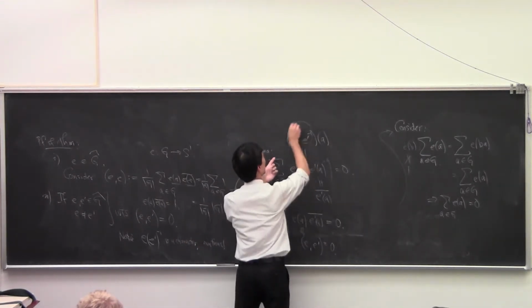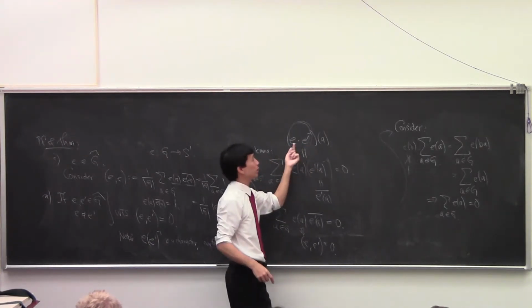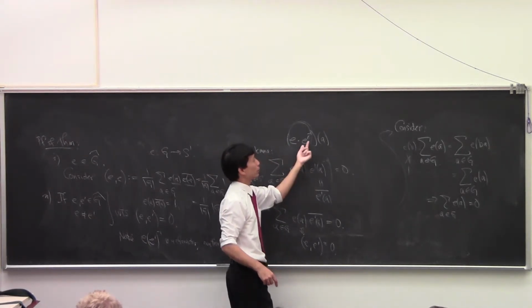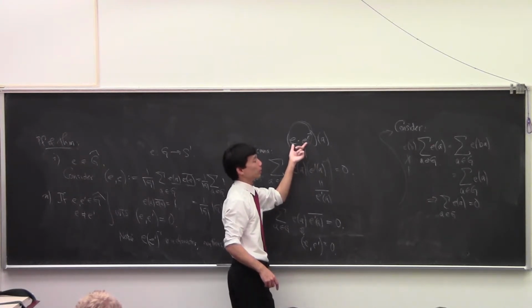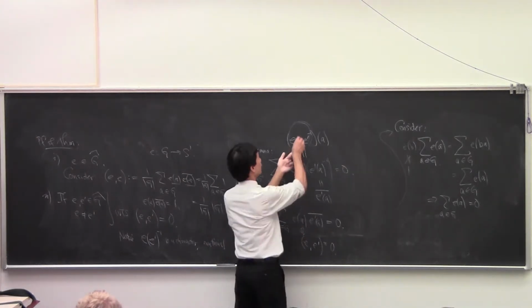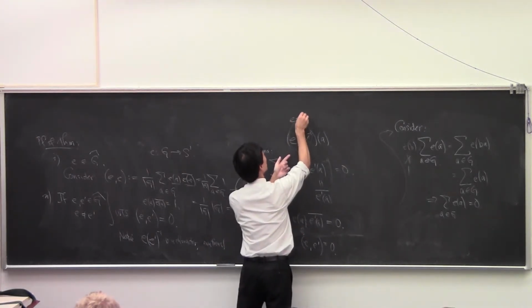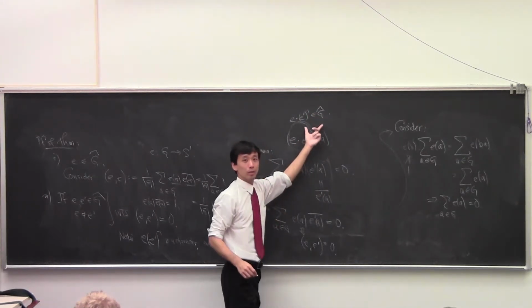Now, we realize this is just a product of two characters, the character E and the character which is inverse to E prime. The group of characters is a group, so E times E prime inverse is also a character.